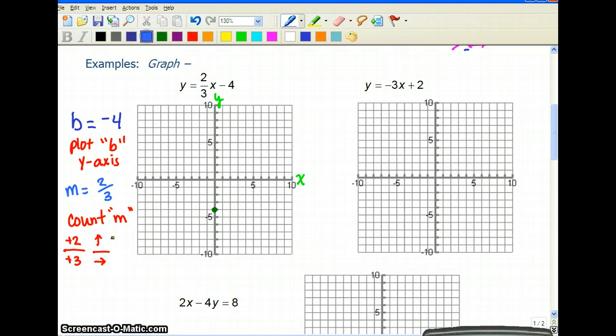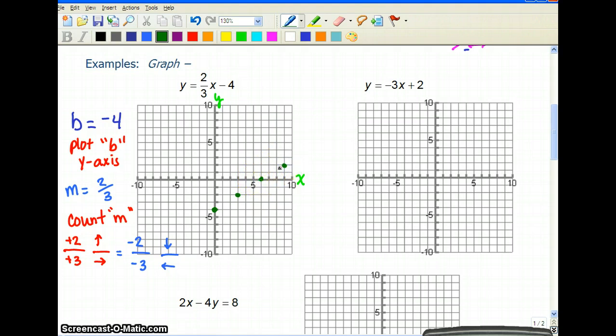But we should also note that that's the same thing as -2 over -3, which would be down and left. So you can do either of those moves. And I like to see several of them. So if we start at the green dot at -4, we're going to go up 2 to the right 3, up 2 to the right 3, up 2 to the right 3.